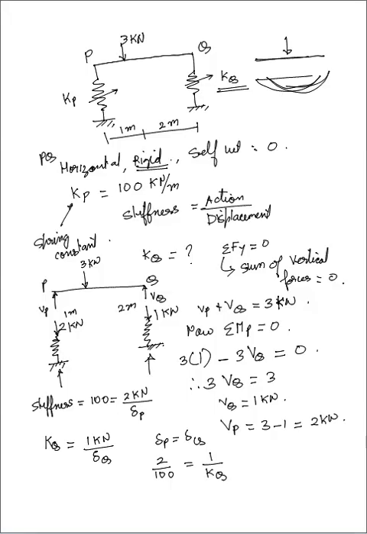From the above two equations, this is equation 1 and this is equation 2, Kq will be 50 kilonewton per meter. So this is the final answer. Thank you very much.